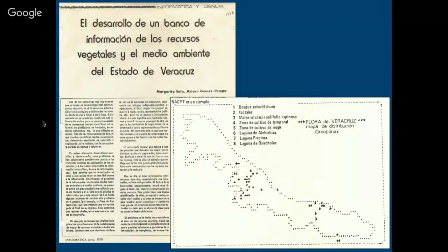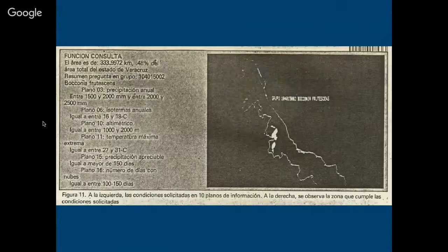Here's another early map. This is a map of the distribution of a plant called Oreopanax. And again, notice that it's done using a dot matrix printer and making creative use of symbols. And then here is essentially a photograph of a screen of a computer showing an early range map.